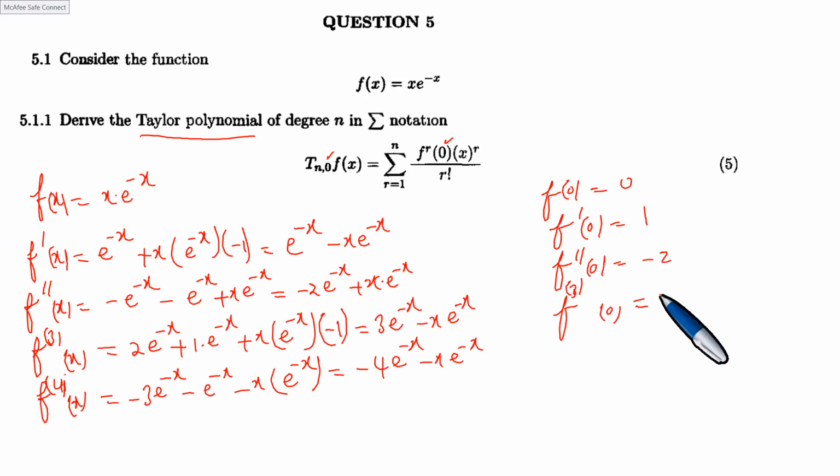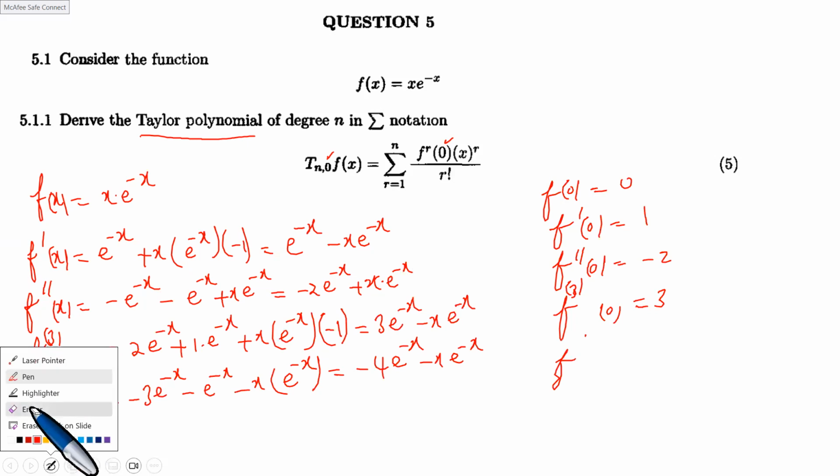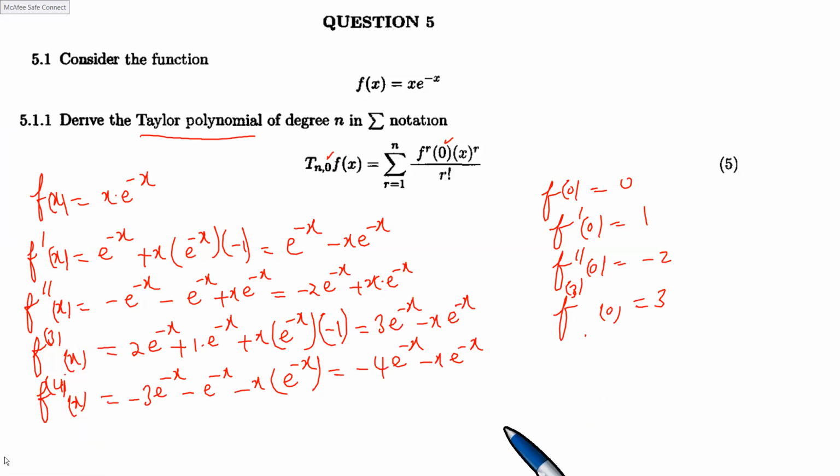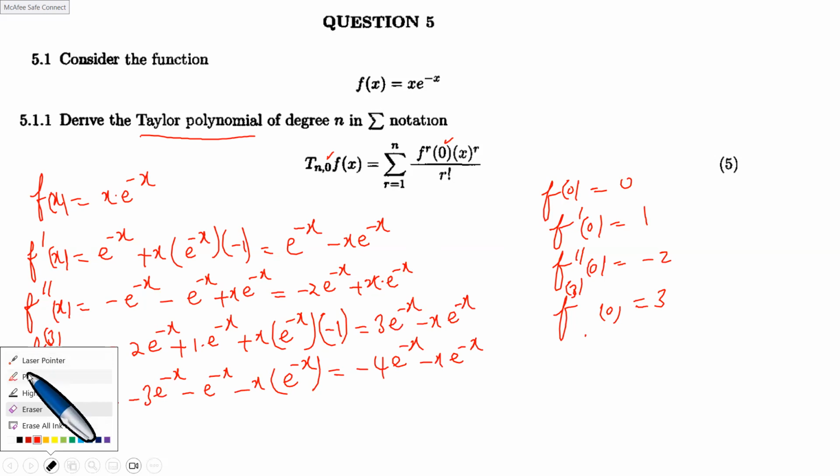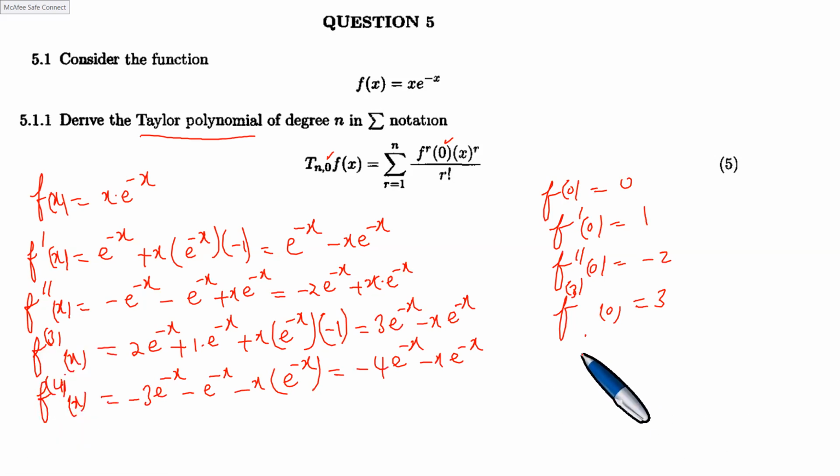The fourth derivative, right, so we have the fourth derivative here, which is -4. Right. So now we need to derive the Taylor polynomial of degree n in sigma notation.